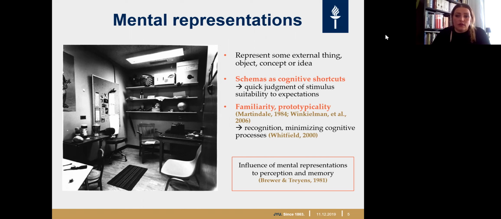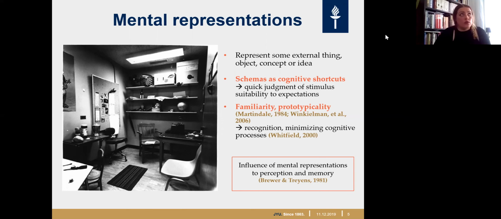And in the information processing paradigm and information processing fluency, these sort of issues are explained with prototypicality and familiarity, and these function through schemas, and these minimize cognitive processes and the effort paid when trying to understand some information that we encounter.